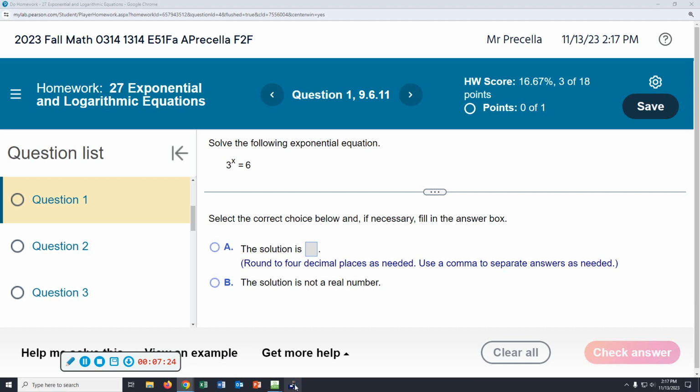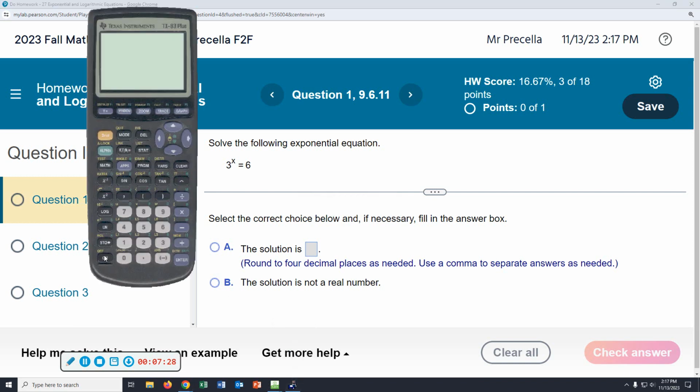There are times when working with the calculator and working with logarithms, you might get some sort of error message. If I had something like ln of 5.3 minus 9, that's an ln, we get an error, non-real answer.